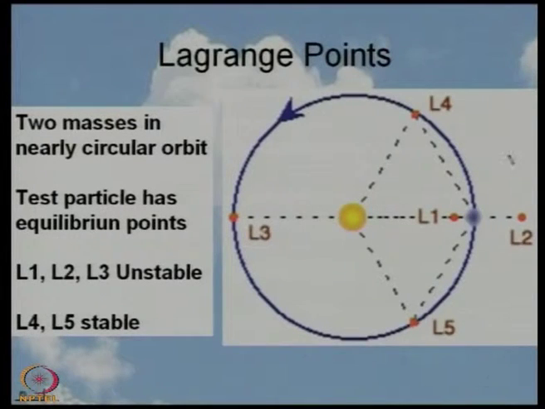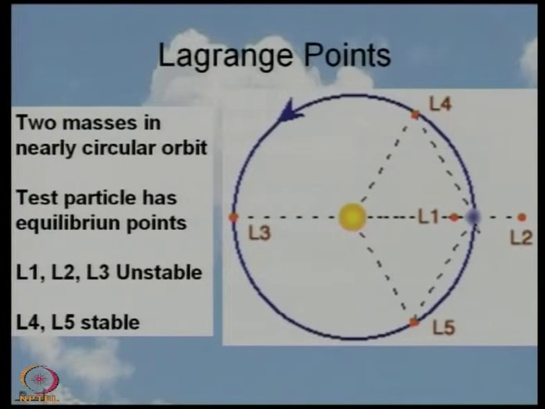So, we go over to a frame of reference which is also rotating with the same angular speed omega. This picture is in that frame of reference, and here these two objects will remain at the same position as it rotates.